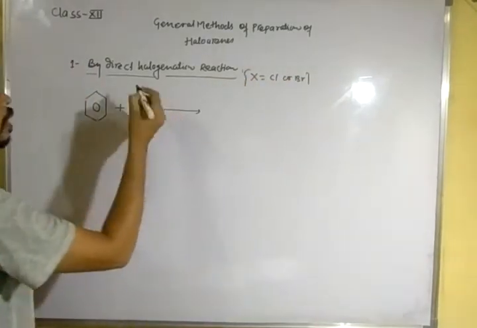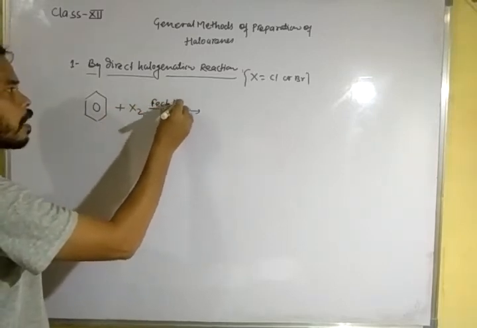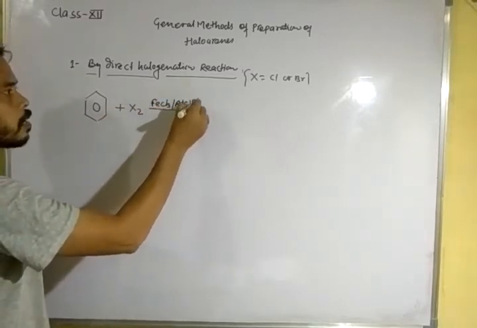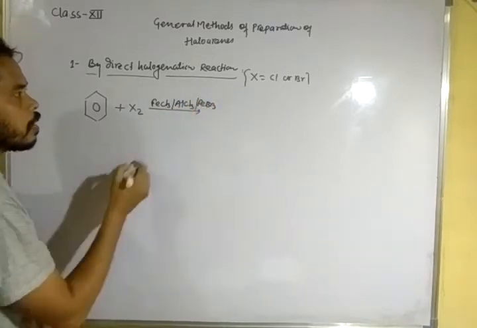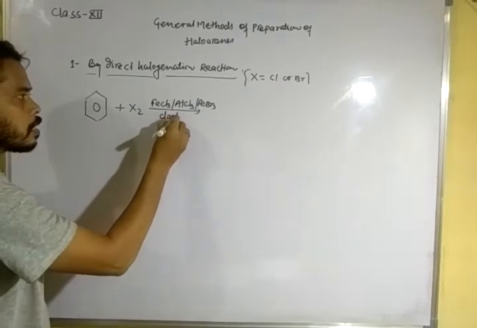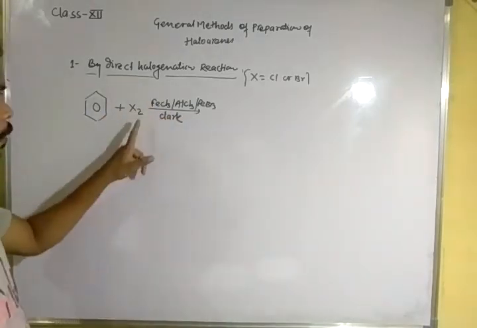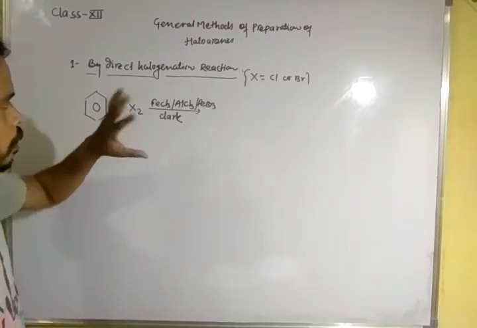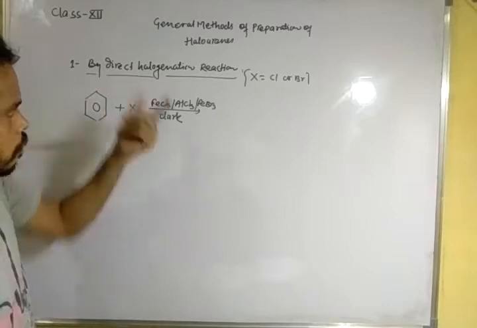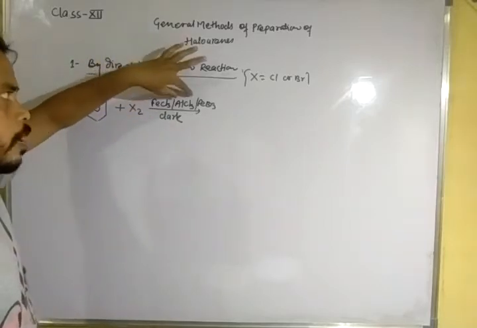The halogen carrier here may be FeCl3, AlCl3 or FeBr3. This reaction should be in dark. If you are taking chlorine, then the carrier should be FeCl3 or AlCl3.